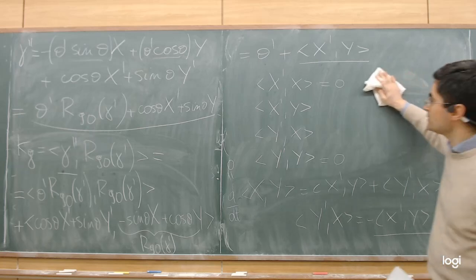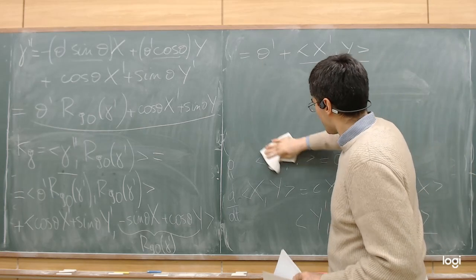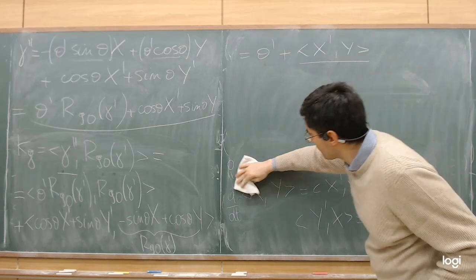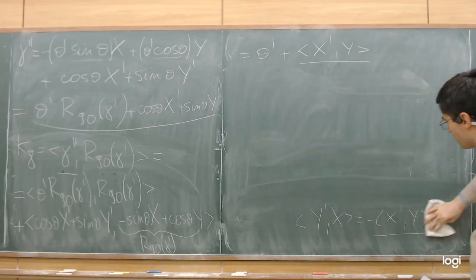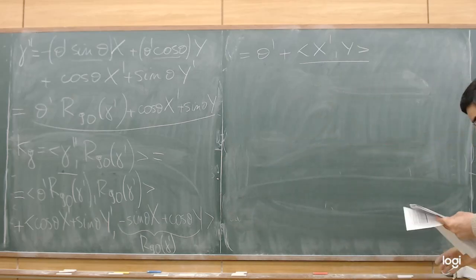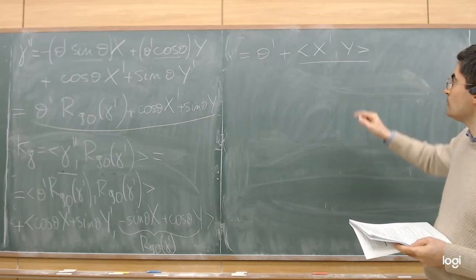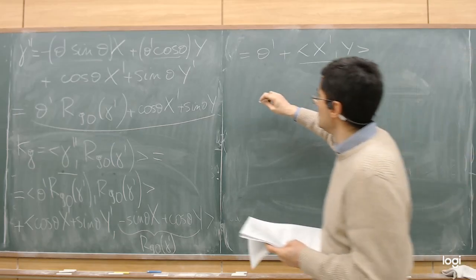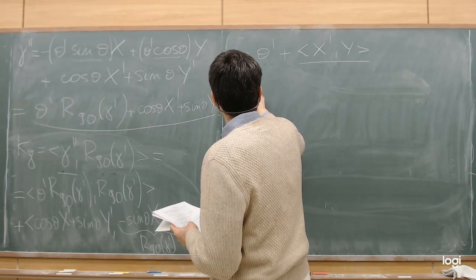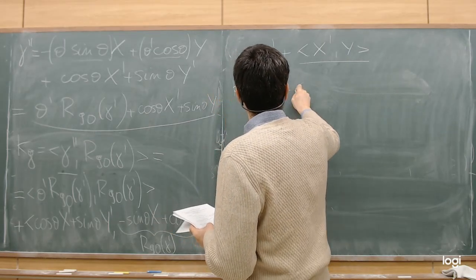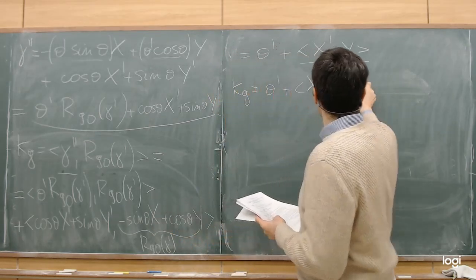Okay, let's erase. So we completed the proof of the formula. Okay, g equals theta prime plus x prime y.